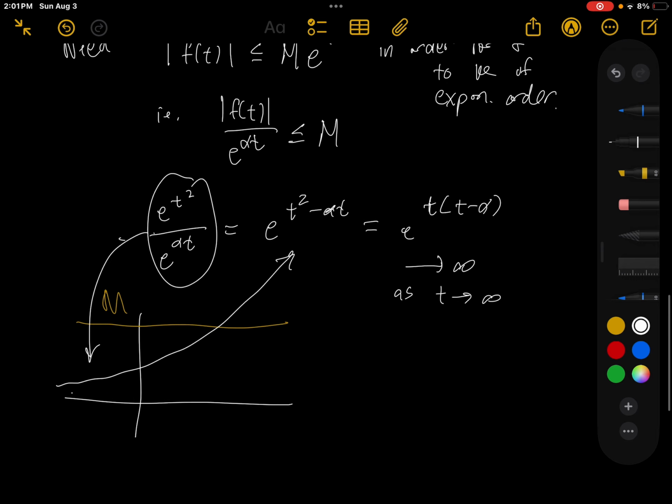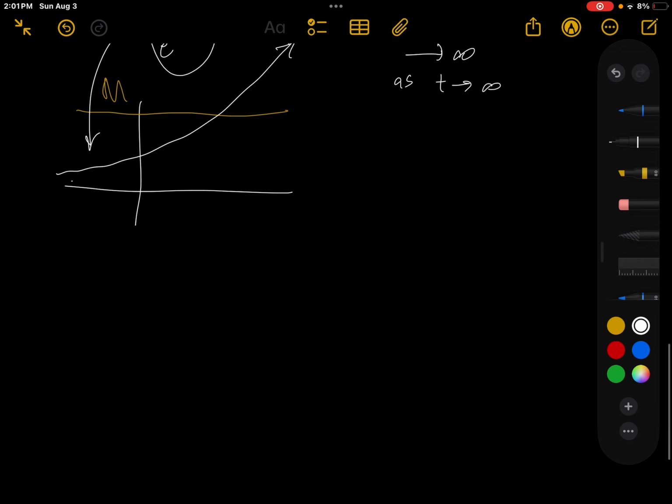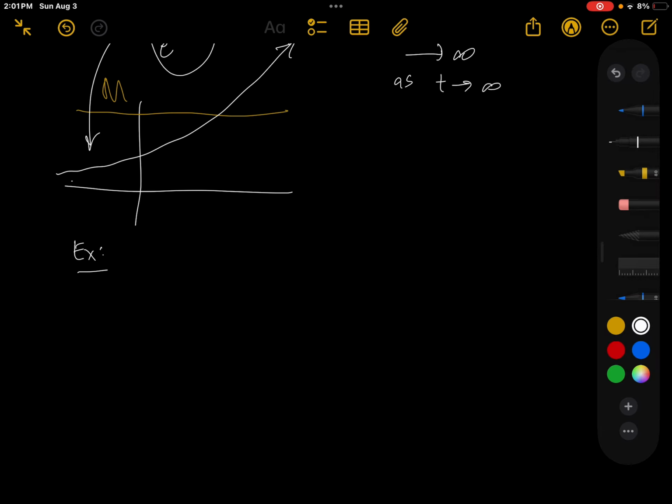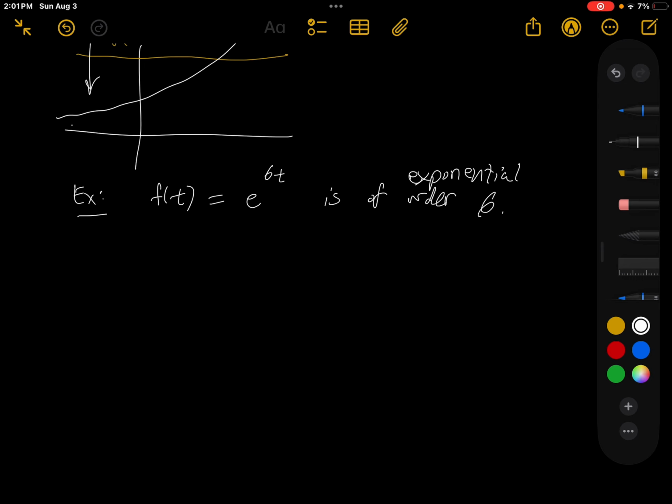Okay, so what's an example of something that is of exponential order? Let's say f of t equals e to the 6t. So this is of exponential order 6. How come?